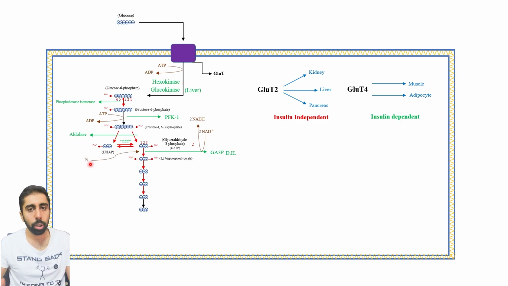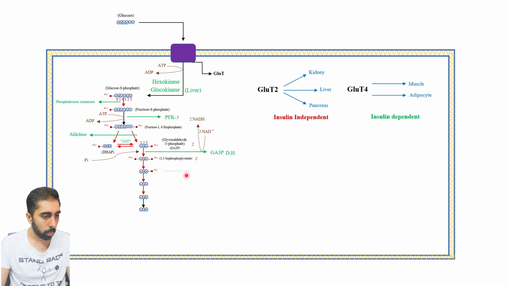A free inorganic phosphate group attaches to this molecule in order to create this new molecule. And as I said before, we have 2 molecules of GA3P. This is why I write 2 NADH, because 2 glyceraldehyde 3-phosphate requires 2 Pi, and it uses 2 NAD positive to create 2 NADH. So we have 2 1,3-bisphosphoglycerate here.